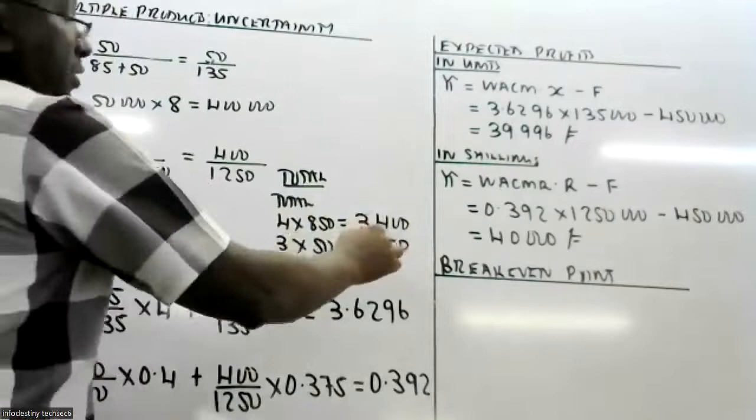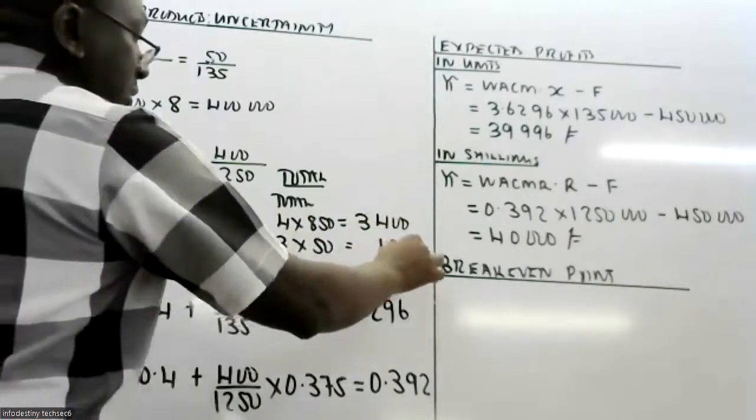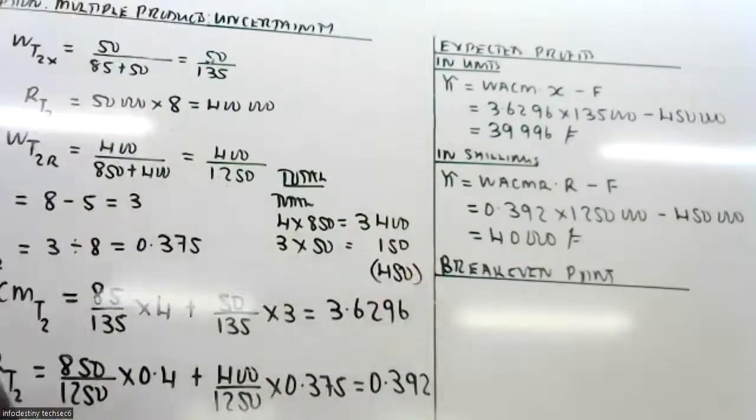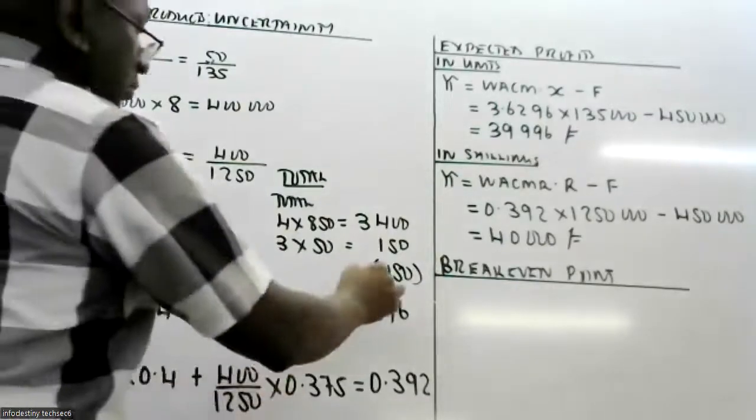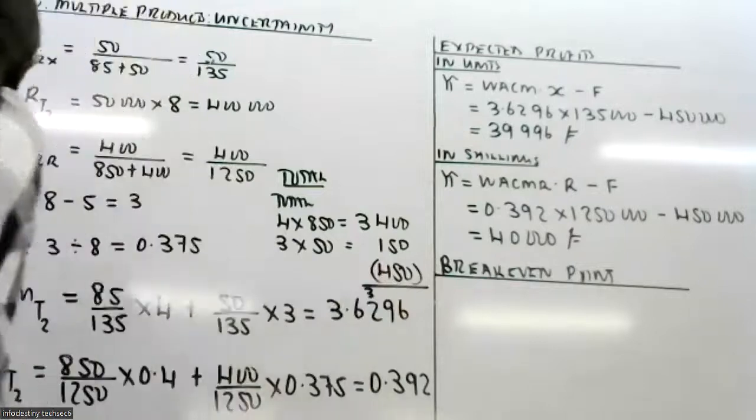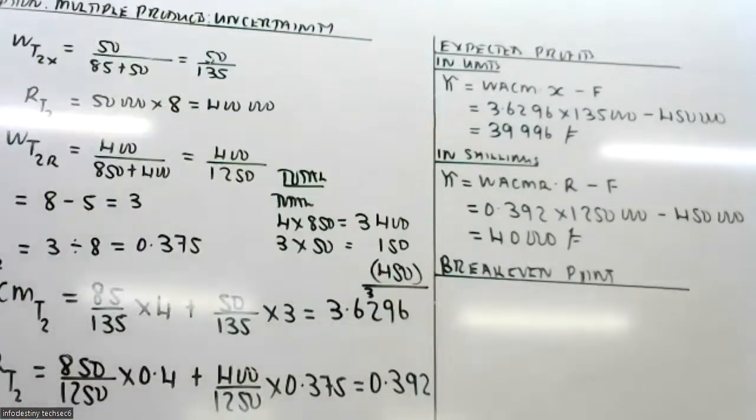Now less the fixed cost of 450. Those are units, thousands.